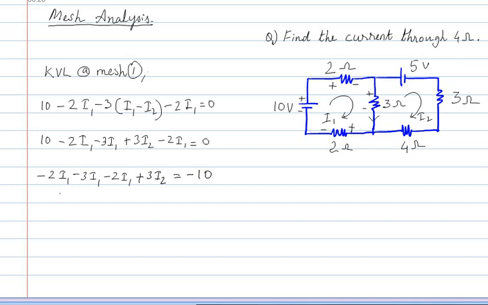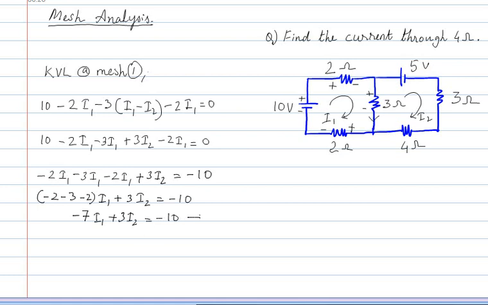So if I have to write this equation, I will write I1 all together. So I can take I1 commonly outside. So it becomes minus 2, minus 3, minus 2, I1 is common, plus 3I2 is equal to minus 10. Okay, which basically gives me minus 2 minus 3 minus 2 together will become minus 7I1 plus 3I2 is equal to minus 10.